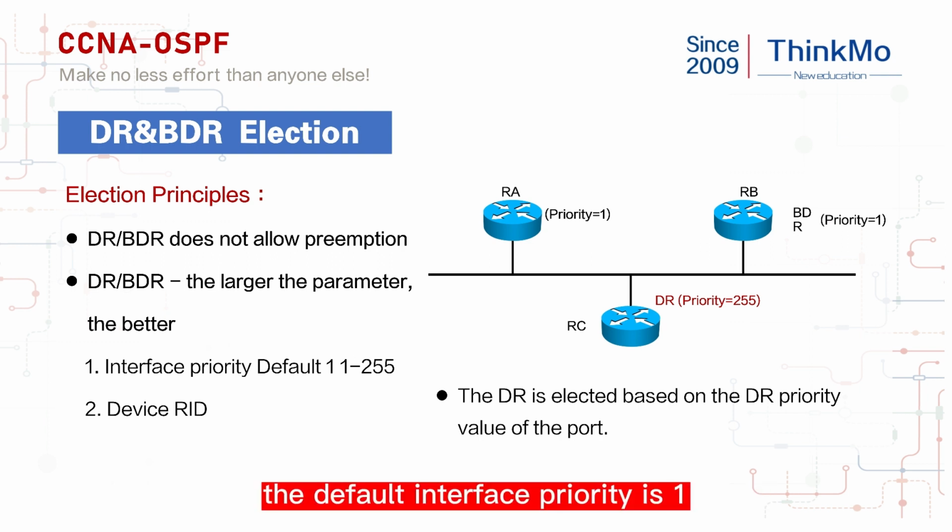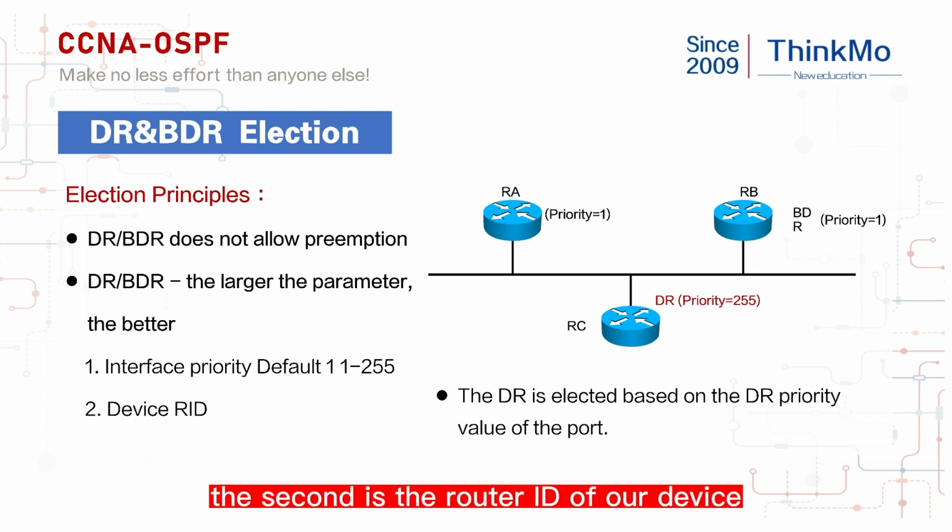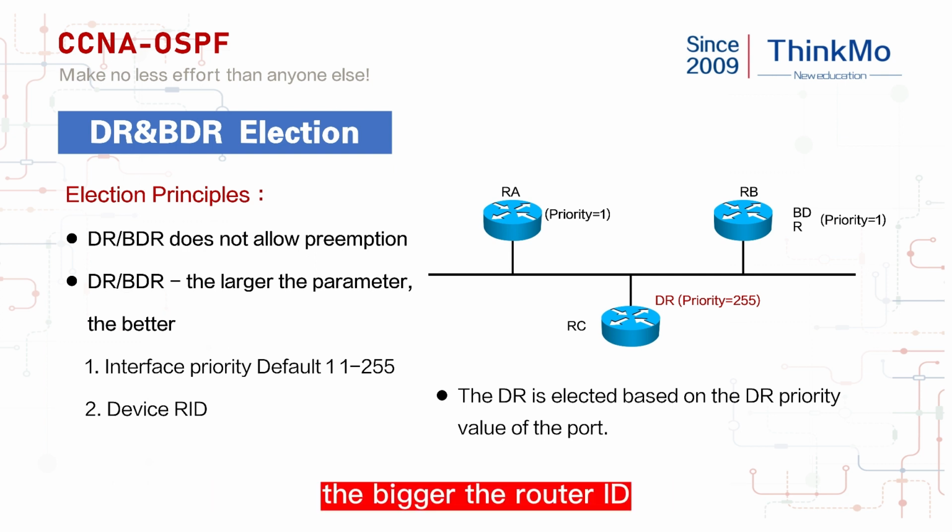The default interface priority is 1, and the range is 1-255. The second is the router ID of our device. The bigger the router ID, the better. Here are the two comparison parameters. Bigger is better. We will adjust the configuration later.